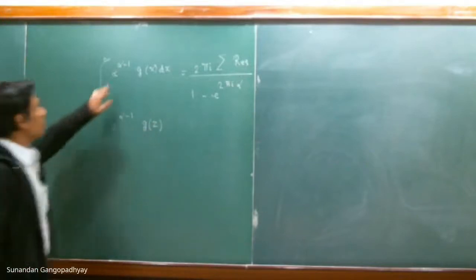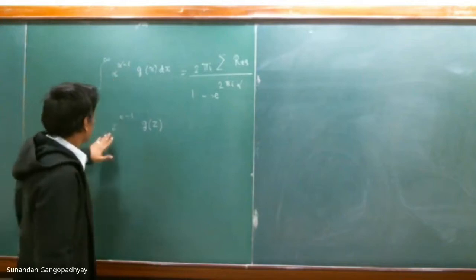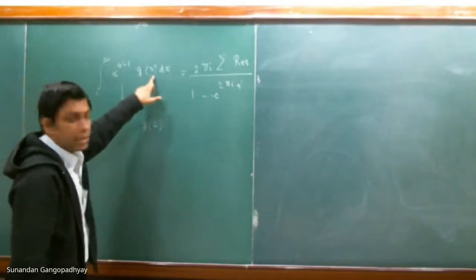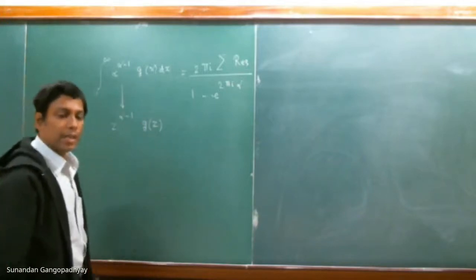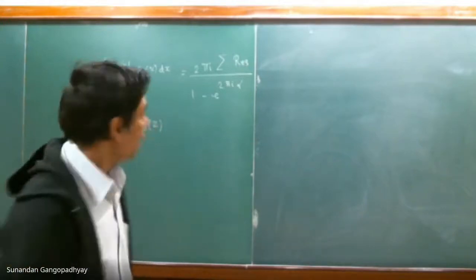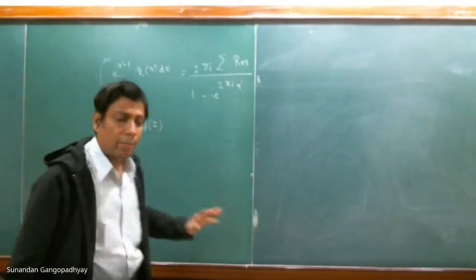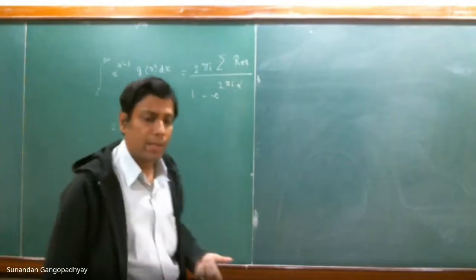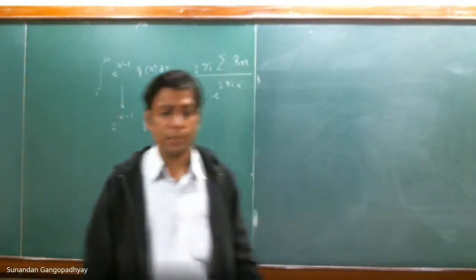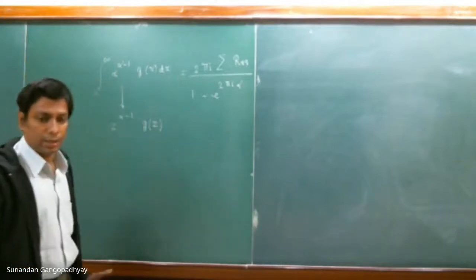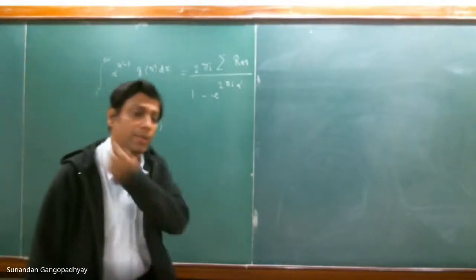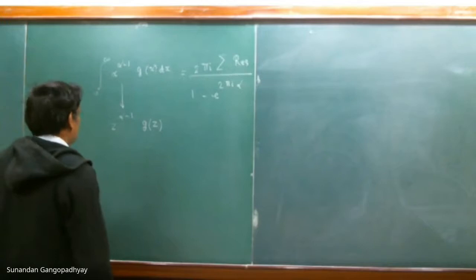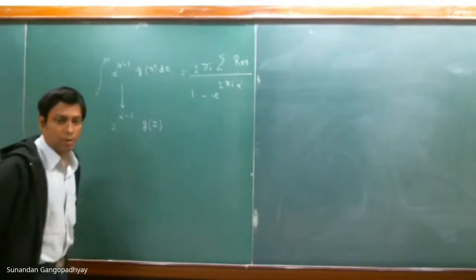So x is a real variable, but now we translate this to z to the power of alpha minus 1, and g(x) we translate to g(z), where z is now a complex variable. It is true that g(x) does not have any poles on the real x-axis, but the function g(z) can have singularities, that is poles, in the complex plane. In general, it will have singularities. And please remember that alpha is not an integer.